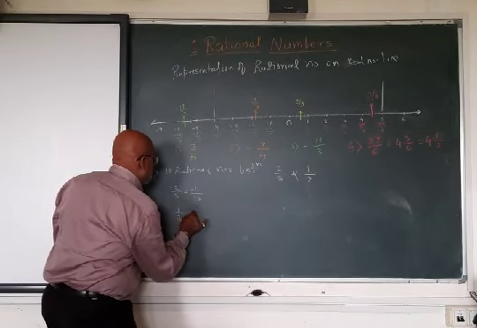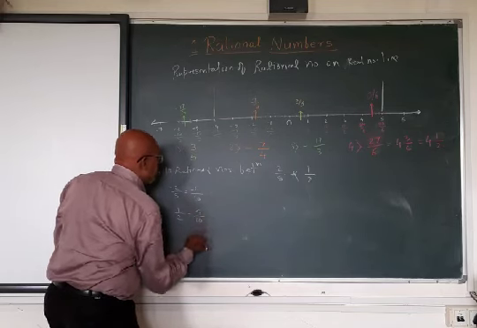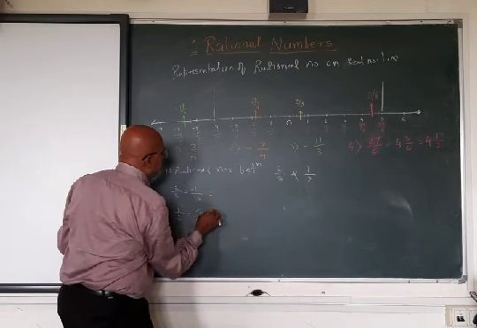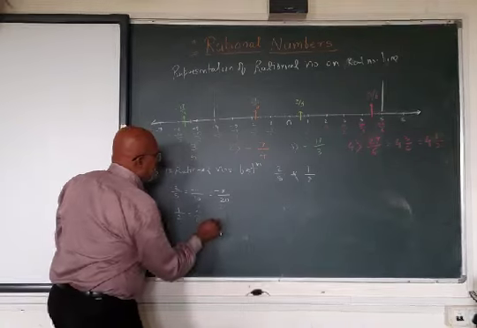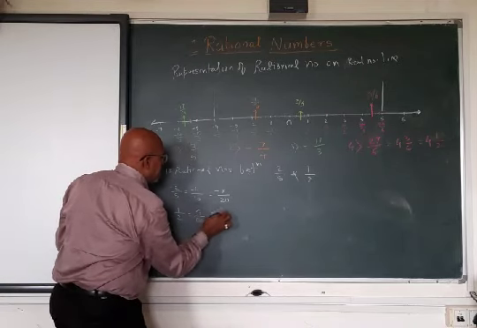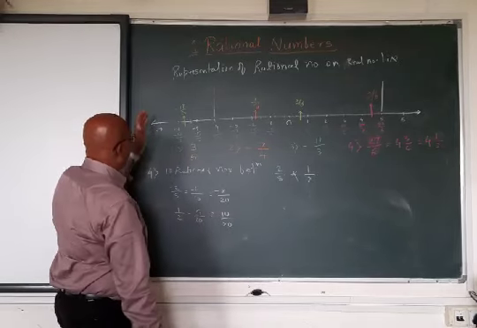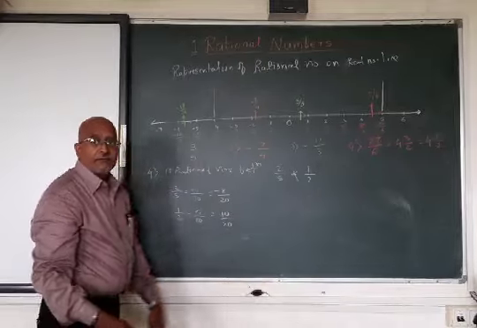1 upon 2 can be upon 20, and here I can write 10 upon 20. Now from minus 8 to 10, how many numbers? Many numbers you can get.